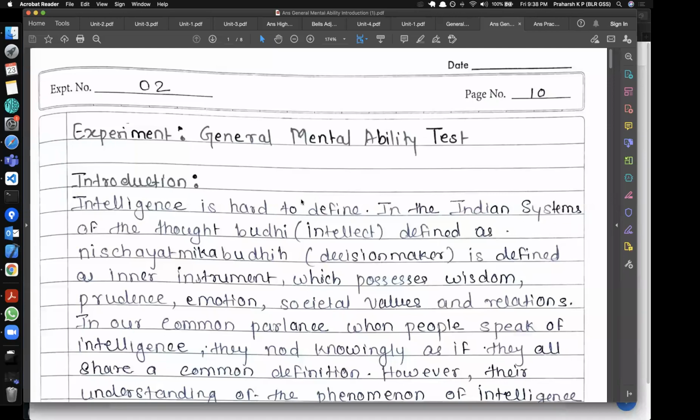It may not be that we are checking which types of intelligence. It might not fall under multiple intelligence here, because ultimately in the result we are not classifying. We are not saying that you are doing well in quantitative and not doing well in English. We are not quantifying it. We are just telling that this is where you stand. General mental ability, right? It's not quantitative mental ability, it's general mental ability.